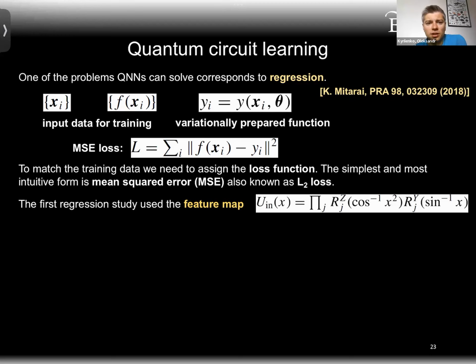I guess here f and y are swapped, but we can see it from the loss: I want to compare my quantum model output and the provided label, and we can minimize the loss and learn this dependence. If you really want to understand the technical details, I would suggest looking at this PRA paper by Kosuke Mitarai back in 2018.